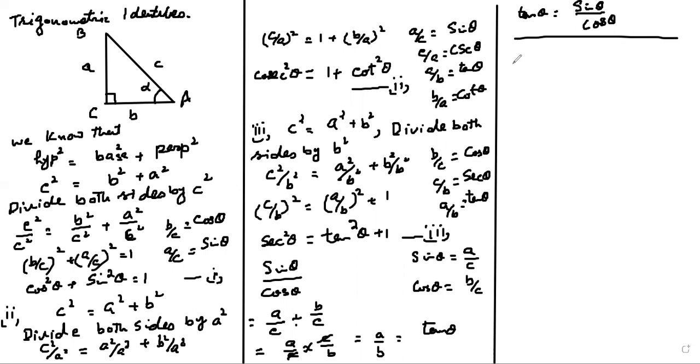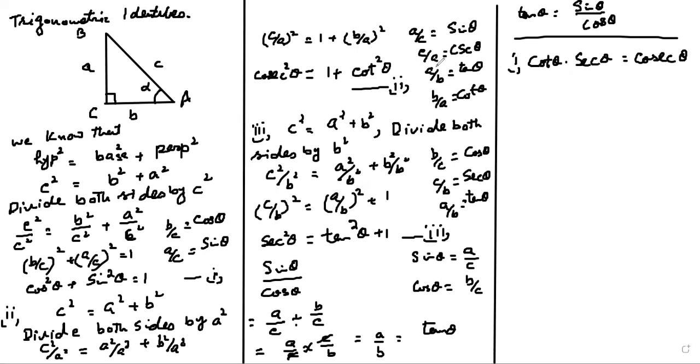Now let's do example number 1, or maybe question 1: cotangent theta into secant theta equals cosecant theta. We know the values.